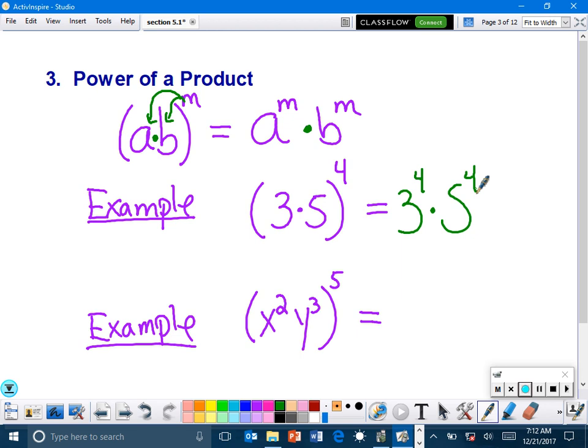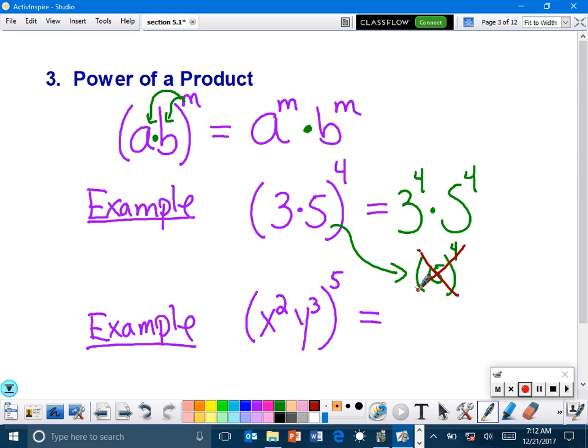Now, you cannot multiply the bases once you get 3 to the 4th power times 5 to the 4th power. You could have multiplied the 3 and the 5 together first, and then that would be 15 to the 4th power, but that would defeat the point of this property and that's not what I wanted to show you.